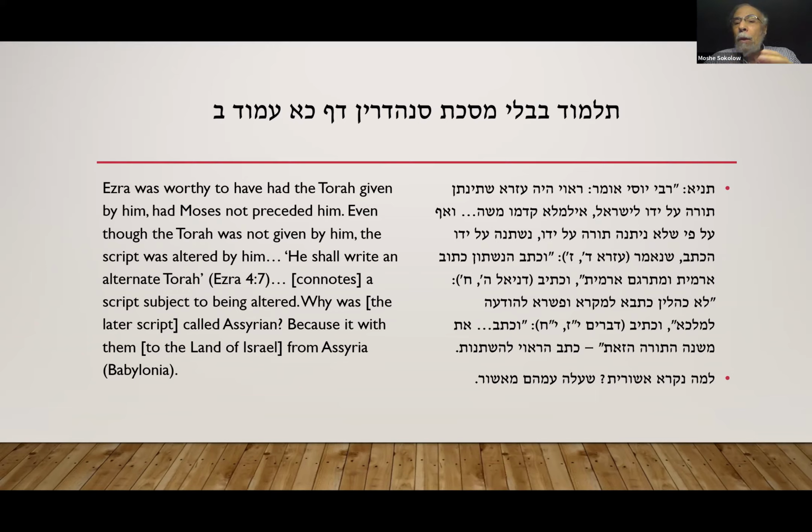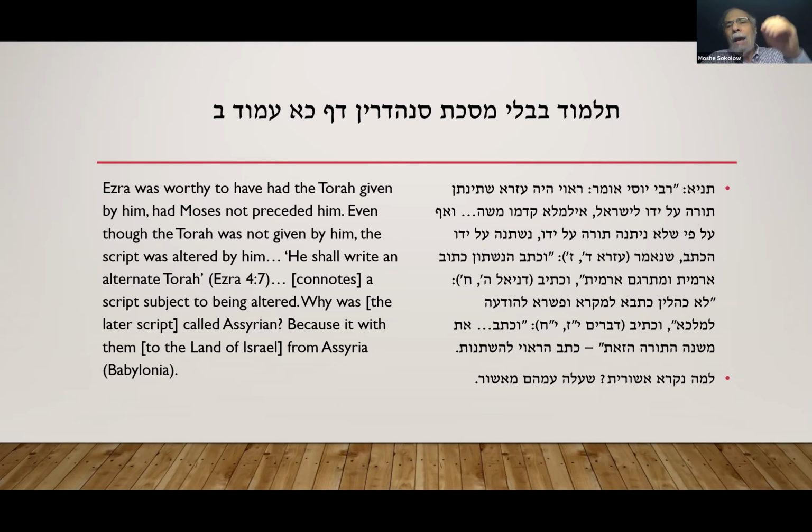This is a passage that we looked at previously during one of our discussions of authorship and canonization, and that is the passage that says, Ra'oi haya Ezra shetinaten Torah al yado liYisrael ilmale kedamo Moshe. That Ezra was worthy to have been the intermediary through whom the Torah was given to the Jewish people, had Moses not preceded him. Therefore, essentially, Ezra is the equivalent of Moses.